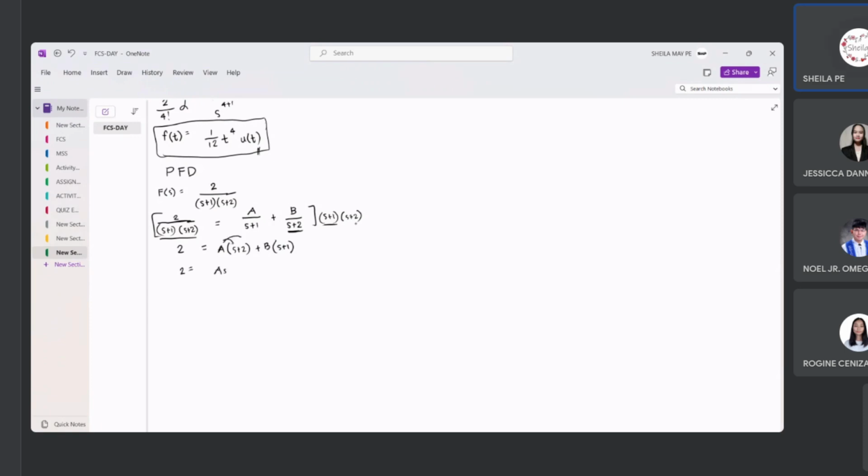Distributing, AS plus 2A plus BS plus B. Now, combining like terms.